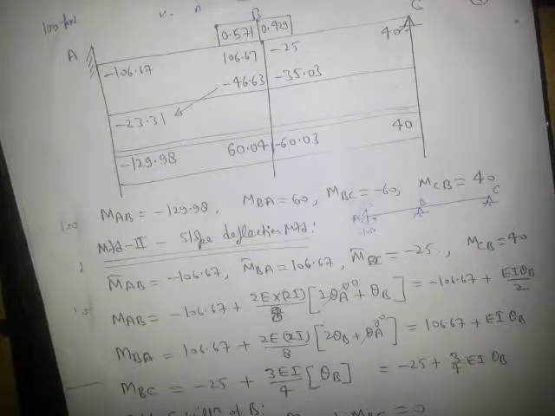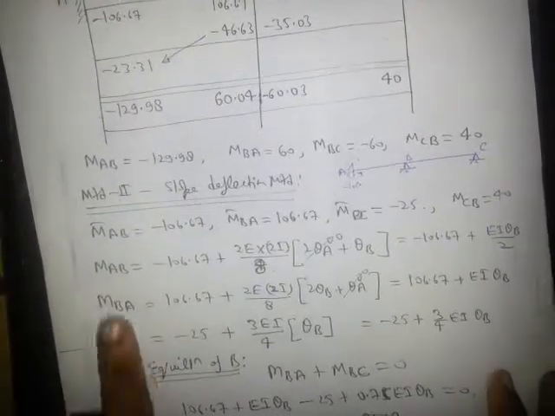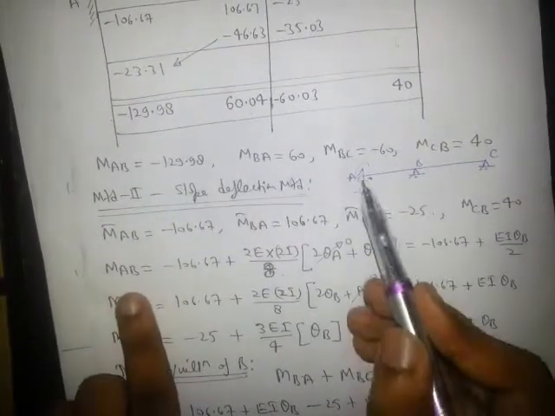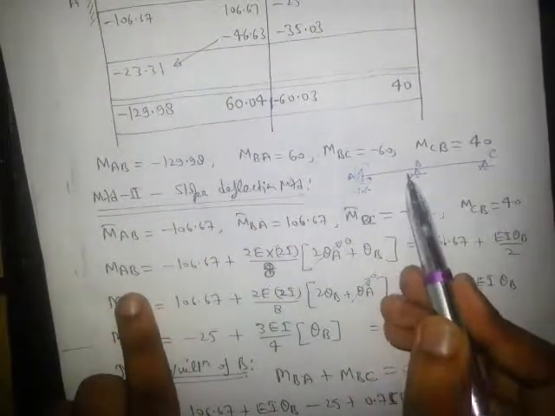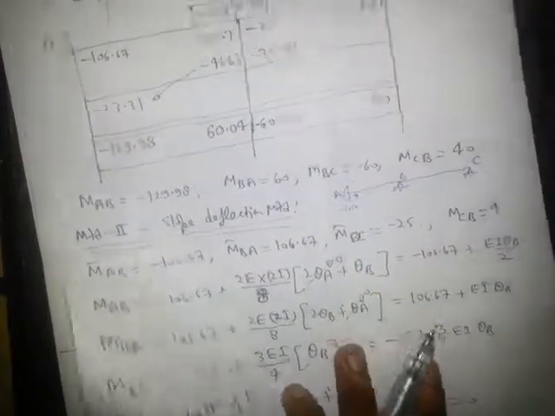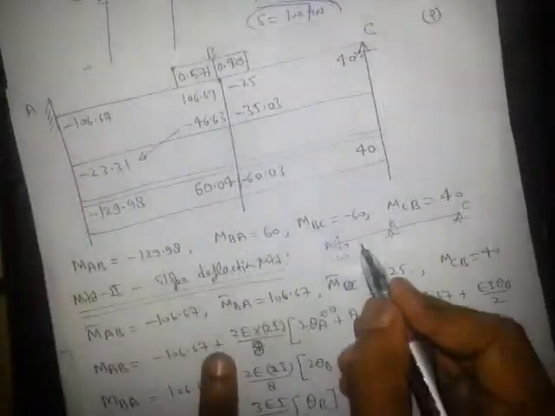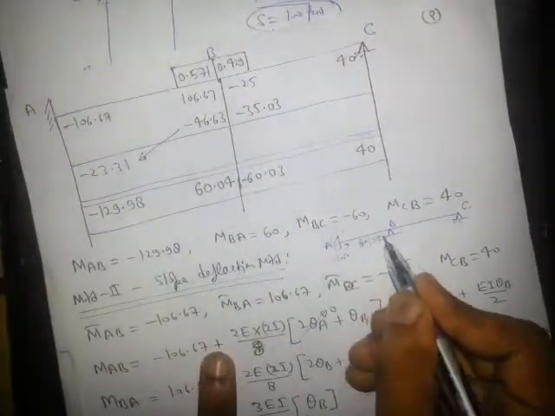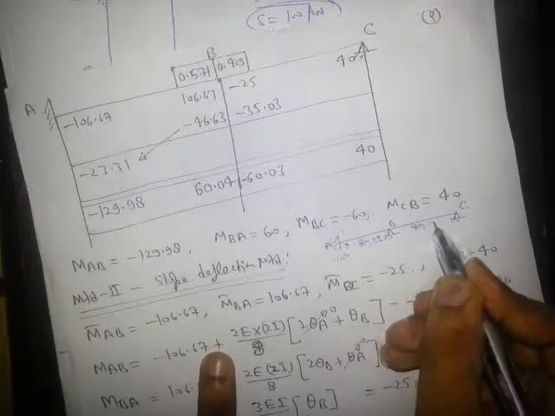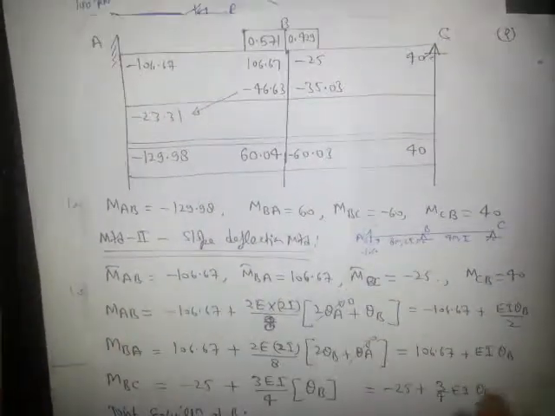Now I will write the slope deflection equation. Look, MAB, and let us suppose the spans are 8 meter with 2I, 4 meter with I. I will write the equation.